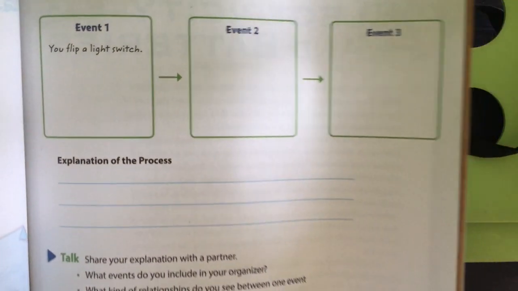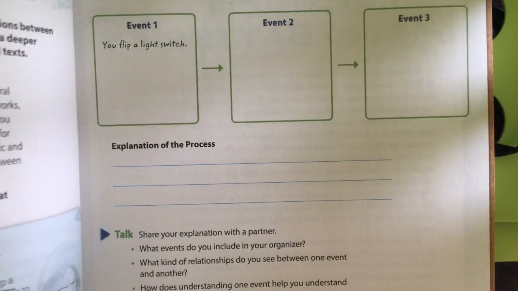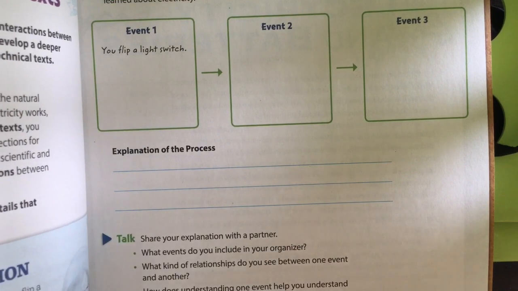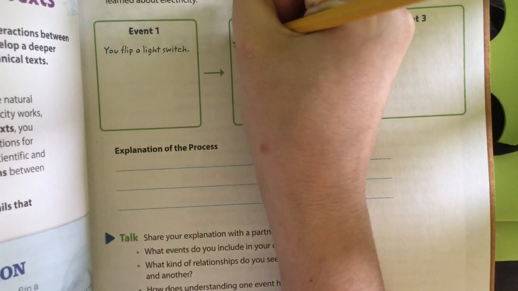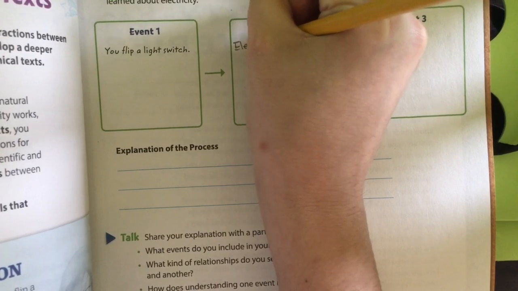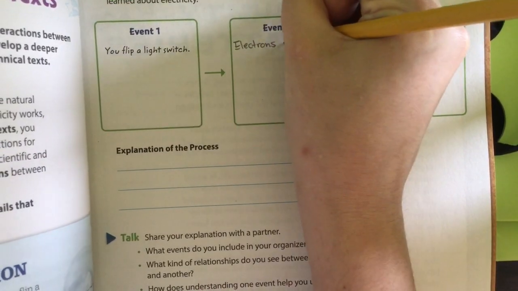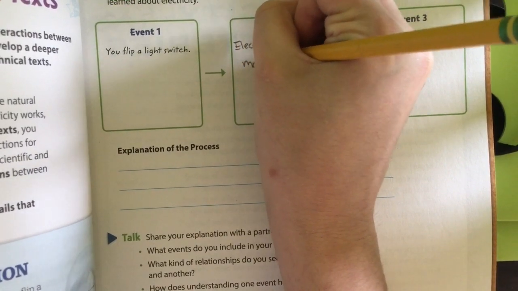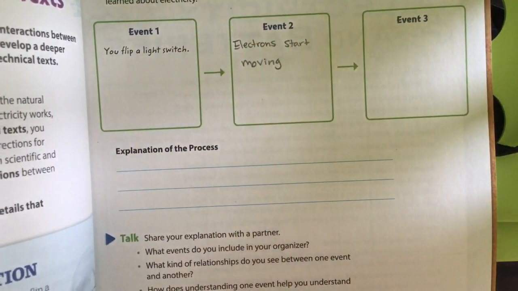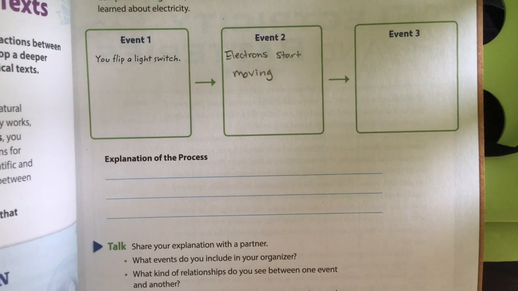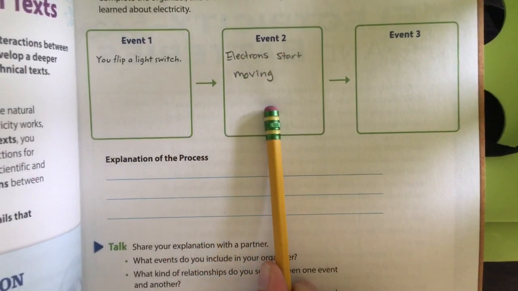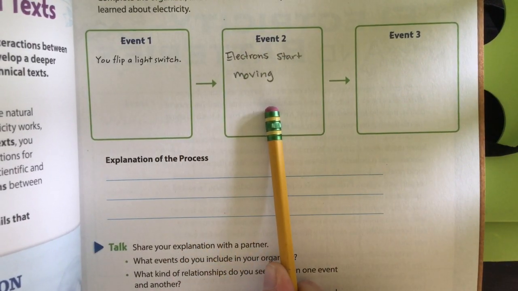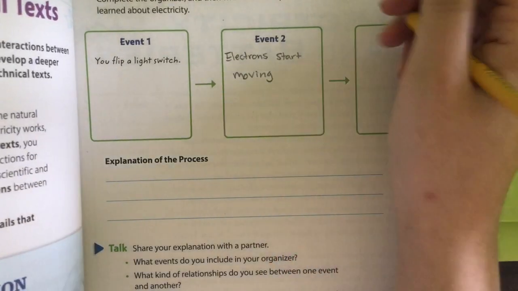So event number 2 is just going to be that the electrons start moving. And then we kind of talked about it. So we flip the switch, the electrons are going to start moving, and then what's going to happen?